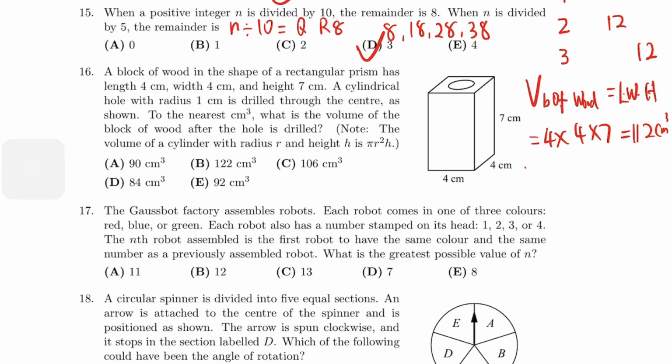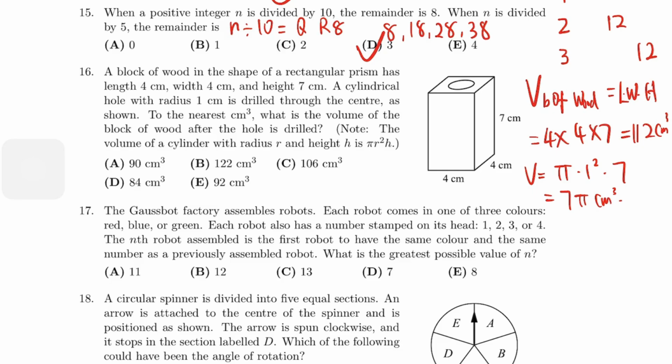So the volume of that will be pi r is 1, right? So pi r squared height is the same thing as 7. So the answer is 7 pi centimeter cubed. What did they ask us?